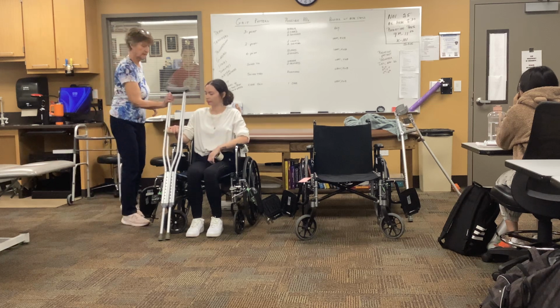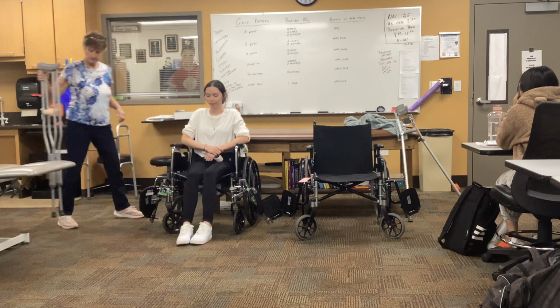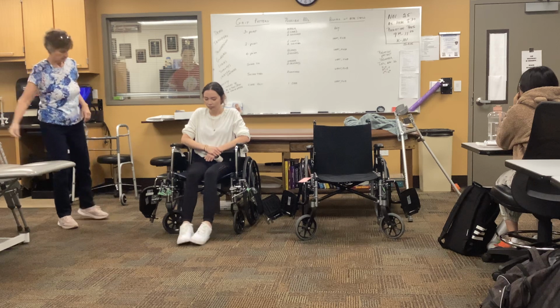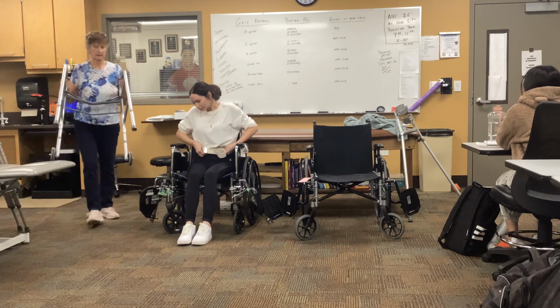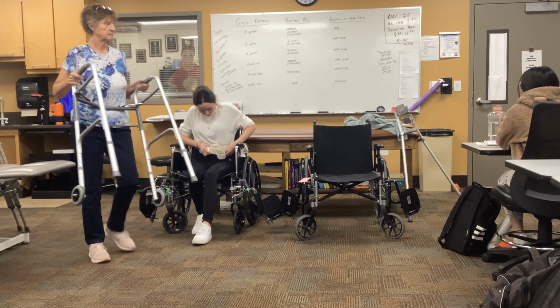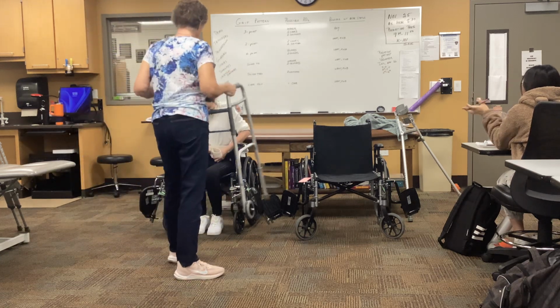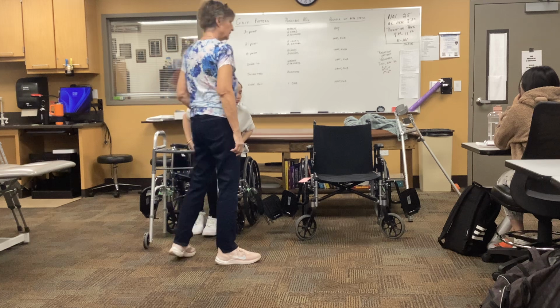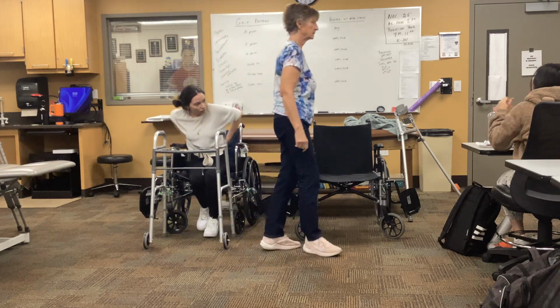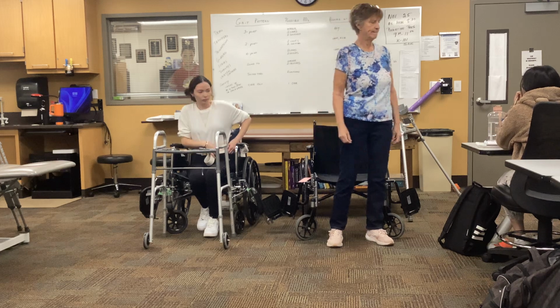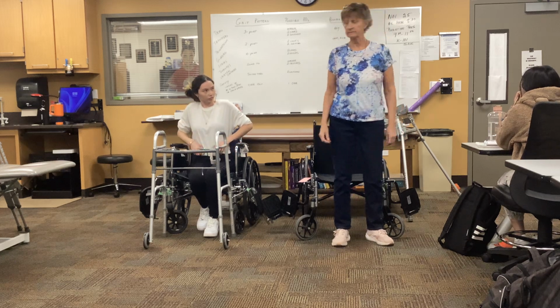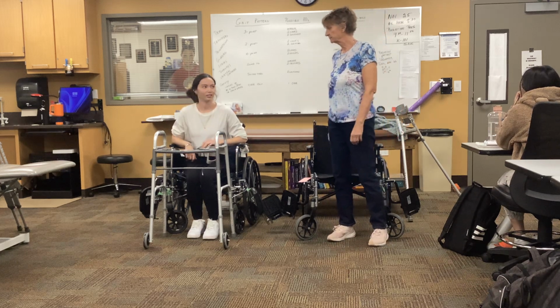So let's take a look at the walker. If a patient doesn't have an affected side and they use that type of gait, does it still matter which side they have the crutches on when they sit down? What did I say when I was doing it? Oh, it's on my side?